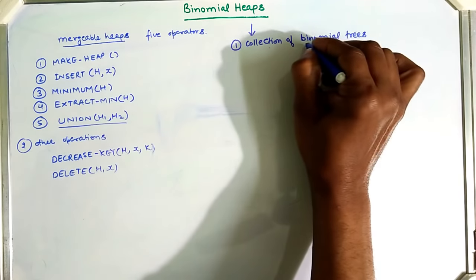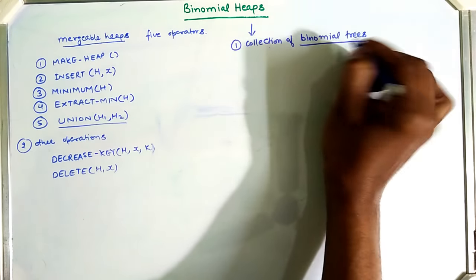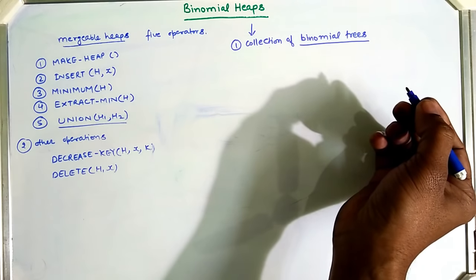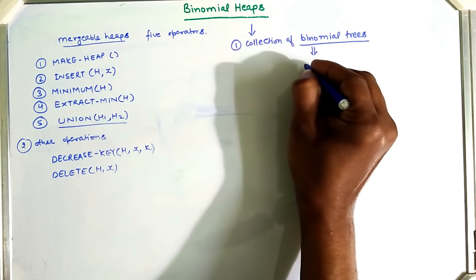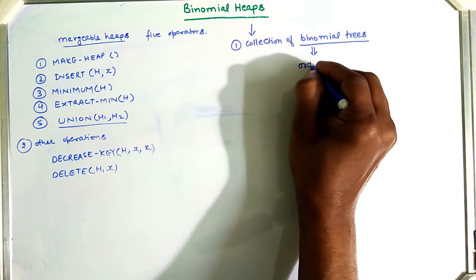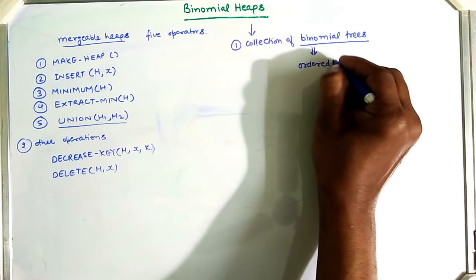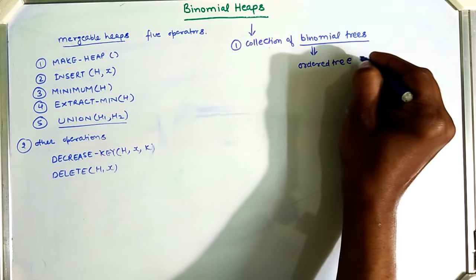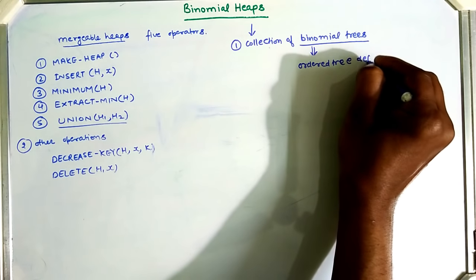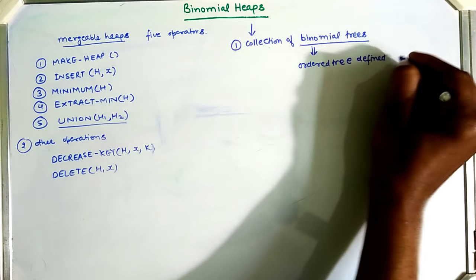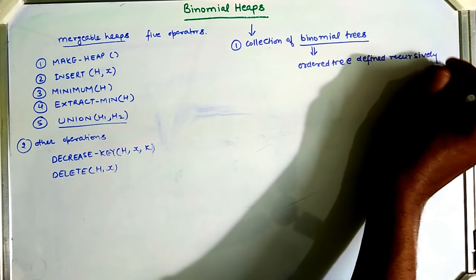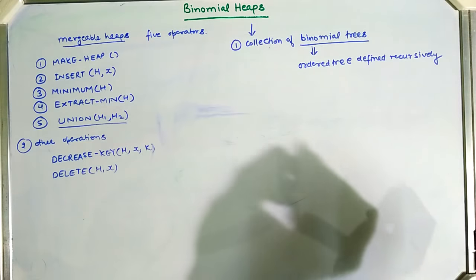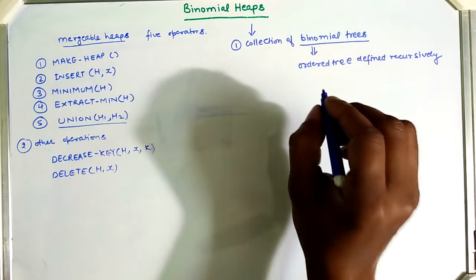And now we need to know what a binomial tree is. A binomial tree is an ordered tree which is defined recursively.